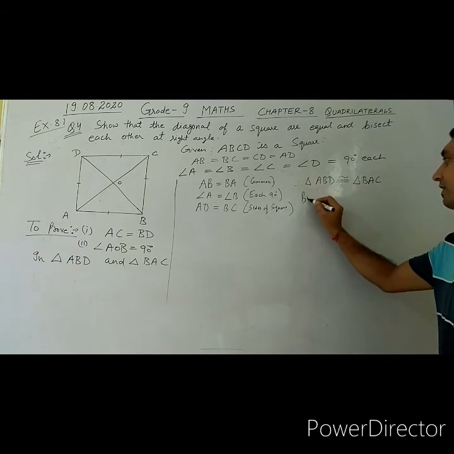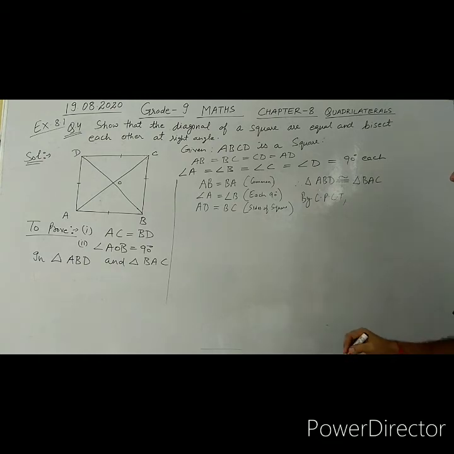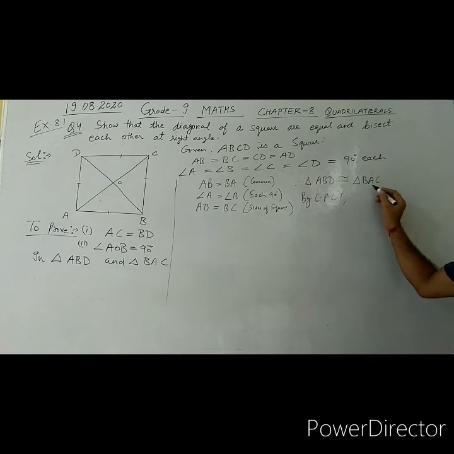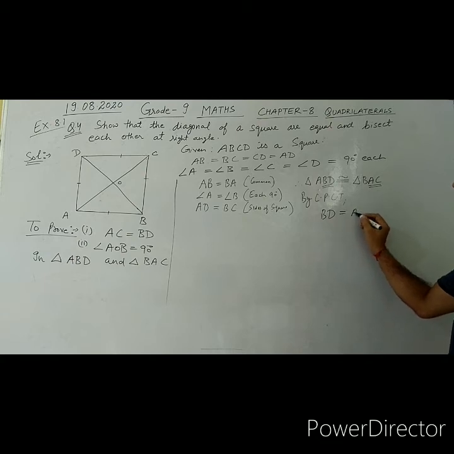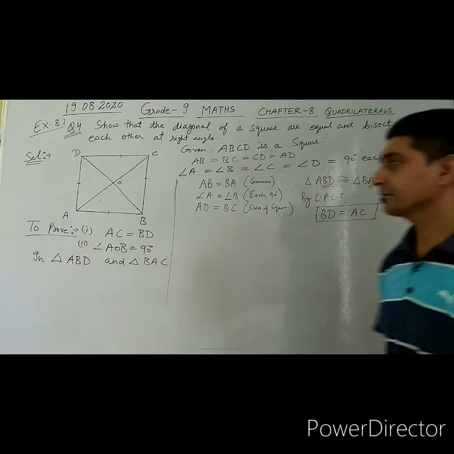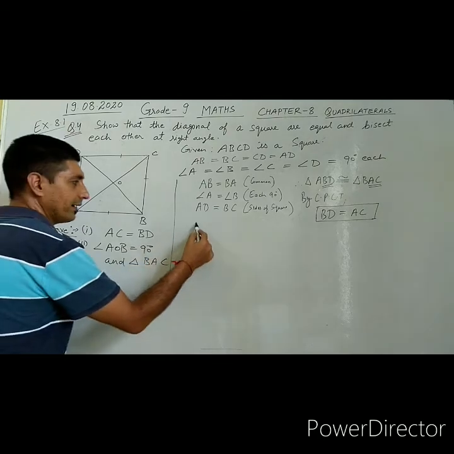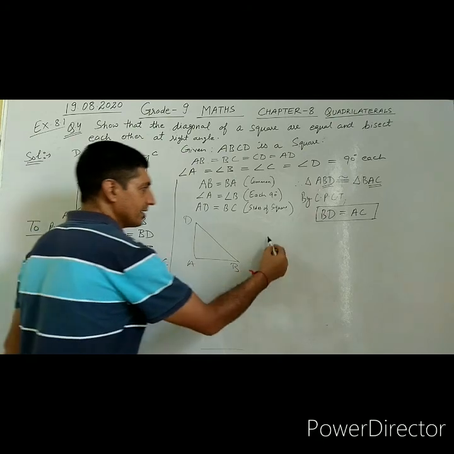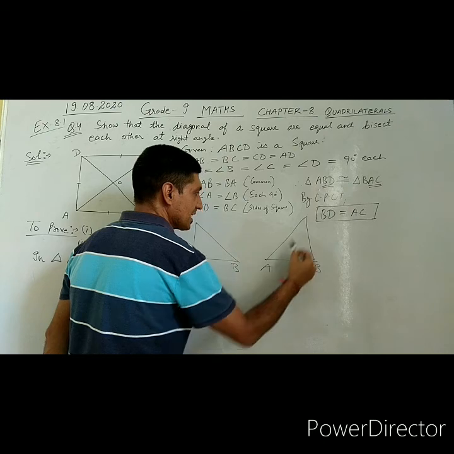And by CPCT, their corresponding parts are equal, that is AC is equal to BD. So this is the proof for the first part. We chose triangle ABD and another triangle BAC.